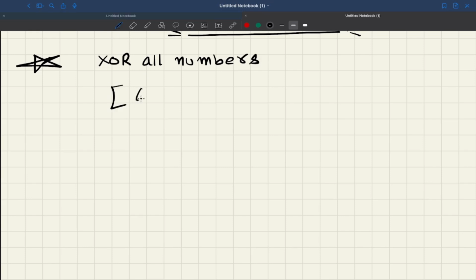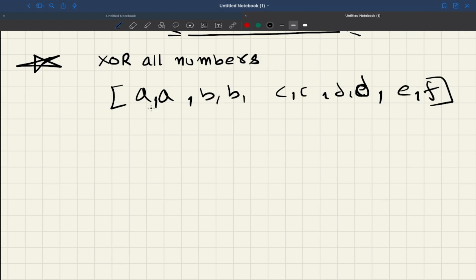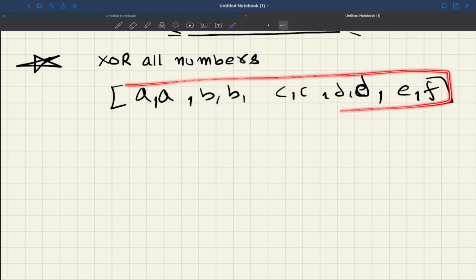In the array we have a number A and it is repeating 2 times, then BB, then CC, then DD. But you will have two unique numbers, let's say E and F. So every number has its duplicate except these two numbers, E and F. They are unique. So what if I take XOR of all these numbers?